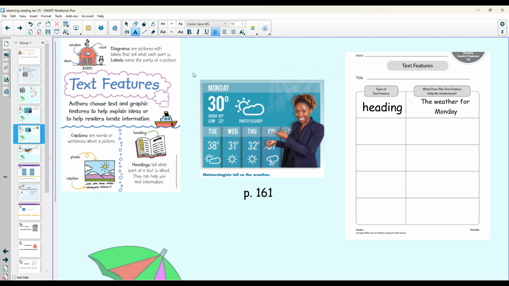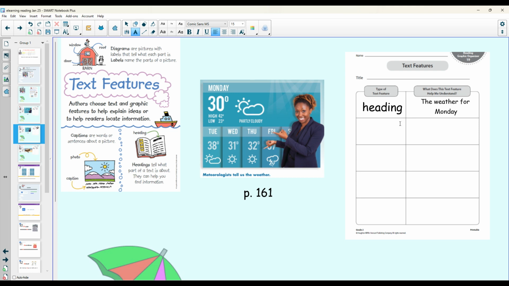As I look at the same picture on page 161, I know that I didn't see a diagram, but I do see a photo. Now, a photo is not a text feature. What we're talking about is what is underneath the photograph, also known as a caption.